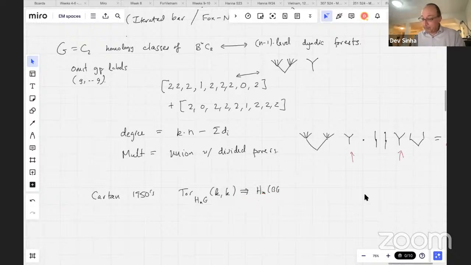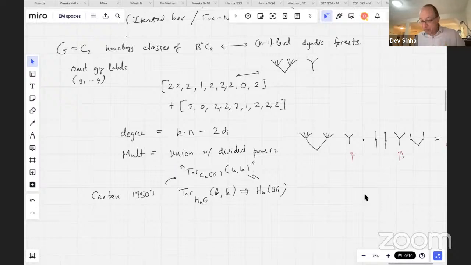We haven't talked about the relationship of the bar construction to homological algebra, but you're geometrically realizing this standard construction for resolutions over the group ring, and so it's immediate that you're really just looking at Tor over the chains of G, is what the homology is, so to speak. And so you can look at the spectral sequence.